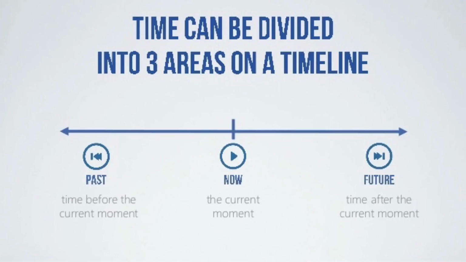First, we have past, used for time before the current moment, or you can say indicates an action that took place before the present moment and that has no real connection with the present time. The next we have now, or you can say present. It relates to the current moment of the time.